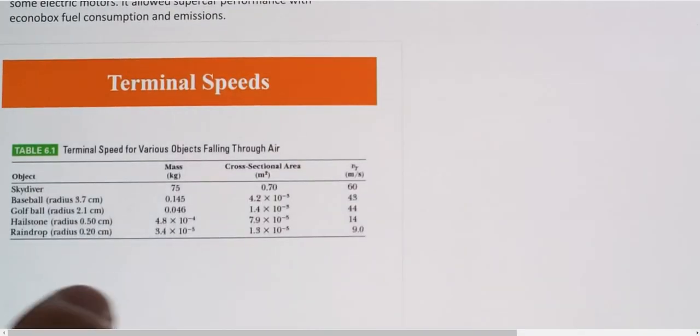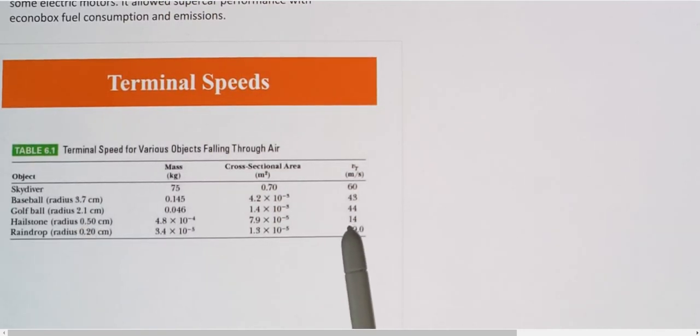So finally, in this chapter, we talked about examples of terminal speeds. The one I like the most is the hailstone, which is hail. When it has a diameter of 5 millimeters, half a centimeter, its terminal speed is 14 meters per second.